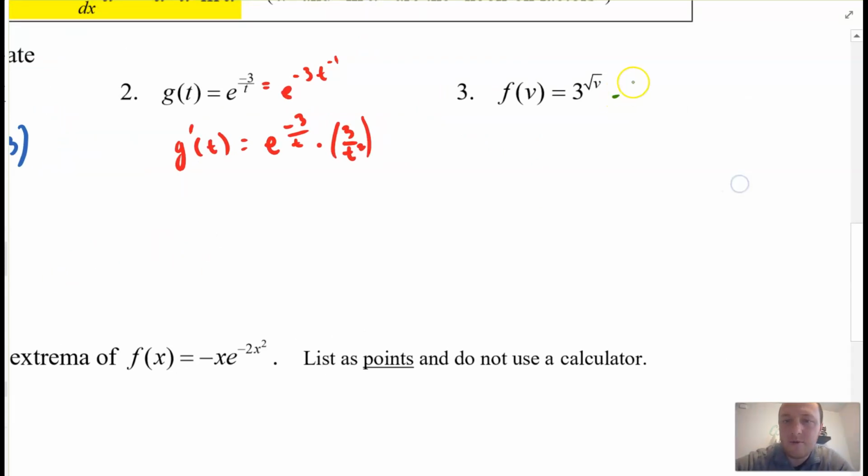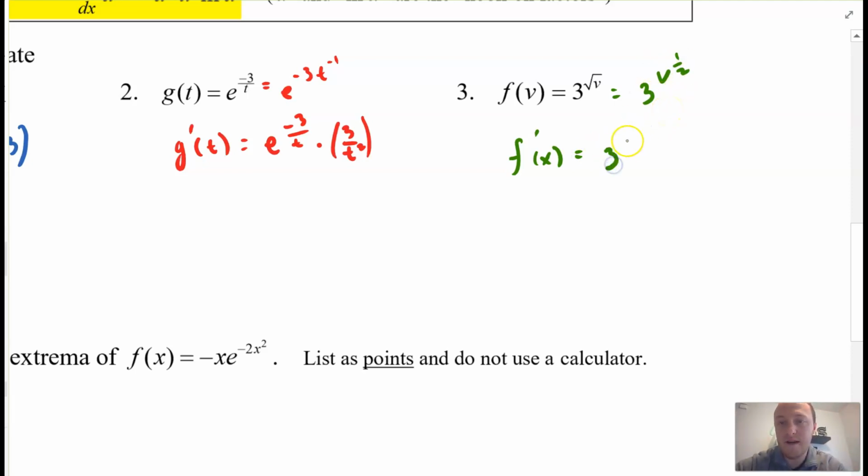Example 3, again, I'm going to rewrite this. This is 3 to the power of v to the power of 1/2. So my derivative, f prime of v, notice this is not base e, so it's not just e to the x. I have to multiply by the natural log of the base.